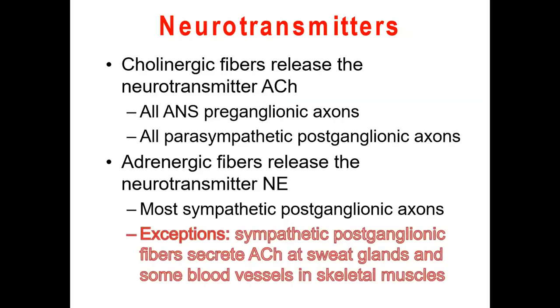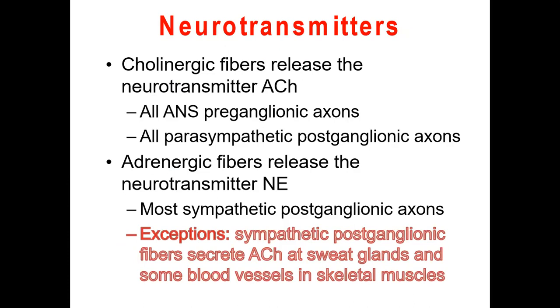Then we have neurotransmitters. What are the neurotransmitters present in the autonomic nervous system? Cholinergic fibers release the neurotransmitter acetylcholine, in all ANS preganglionic axons and all parasympathetic postganglionic axons.